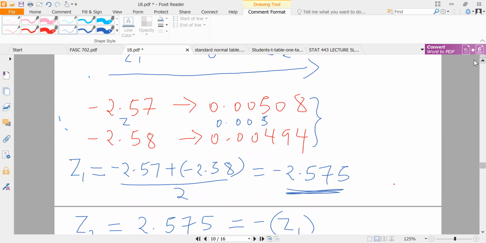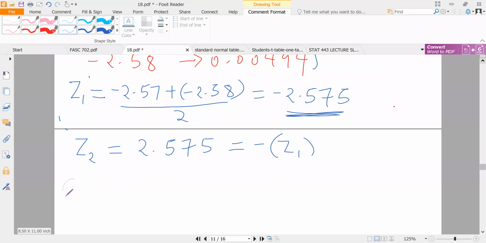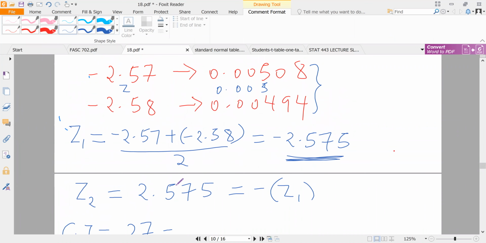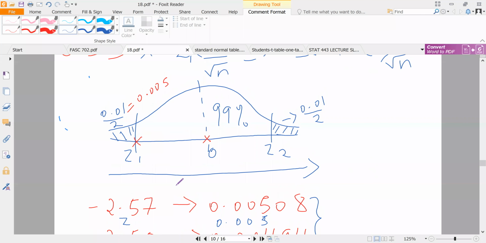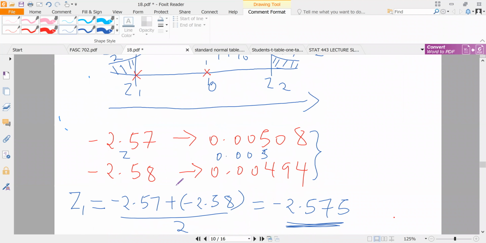So in this particular case, our confidence interval will be equal to X bar, which is 27, minus, now remember that in our derivations, Z1 is already considered to be negative.